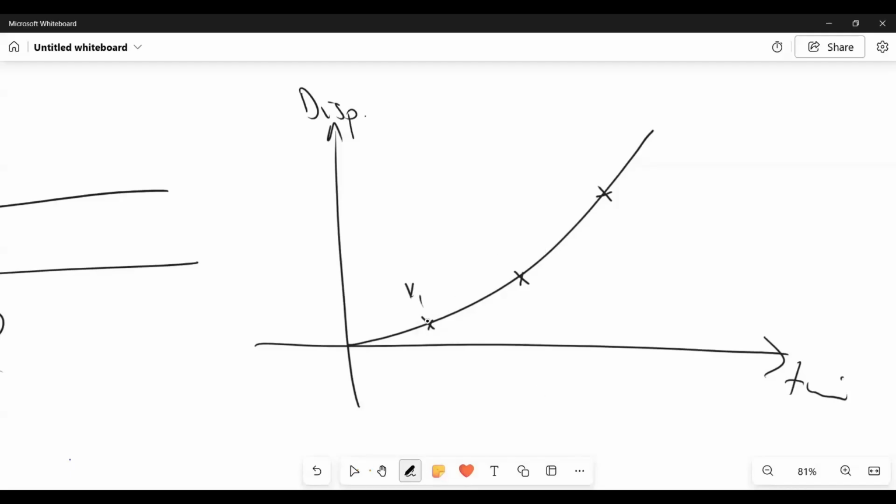At this point the gradient here is V1, the gradient here is V2, the gradient here is V3. So now V1 is a little less than V2, which is a little less than V3, that's all. So the body is increasing in velocity.